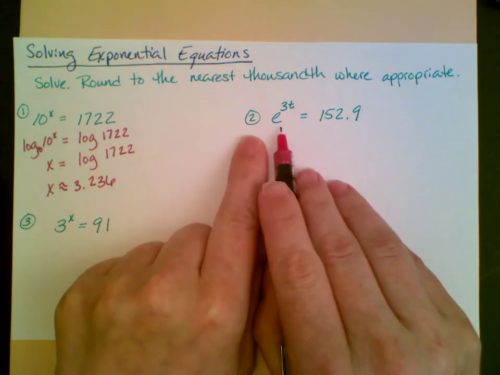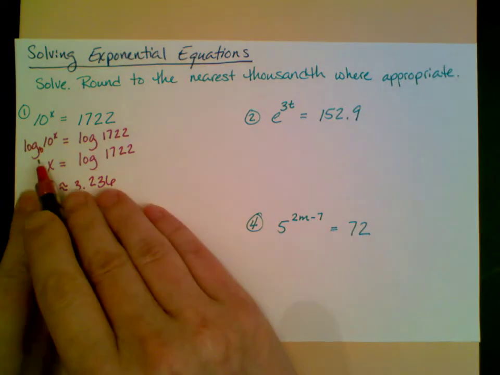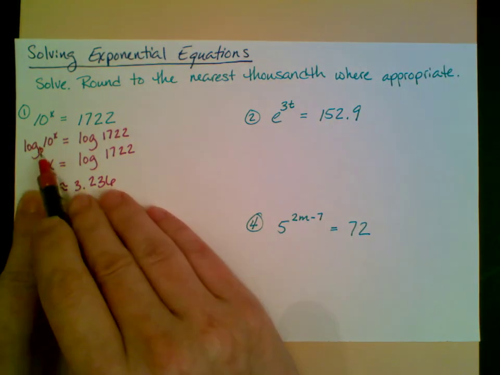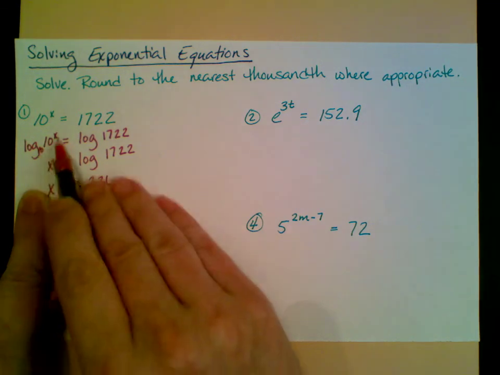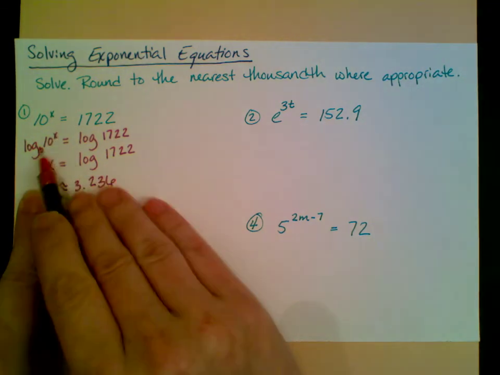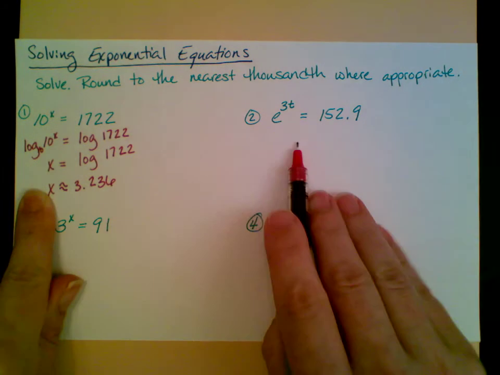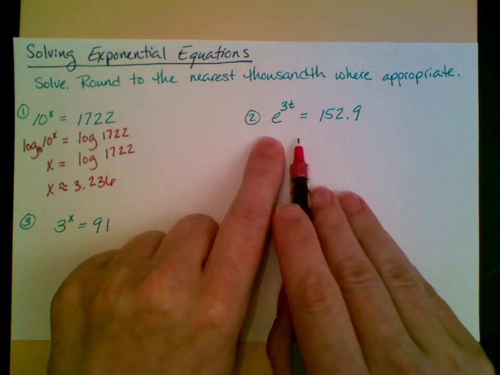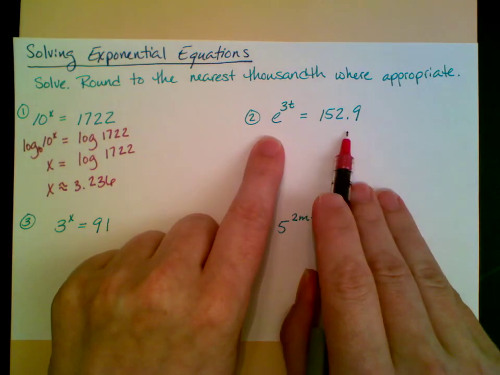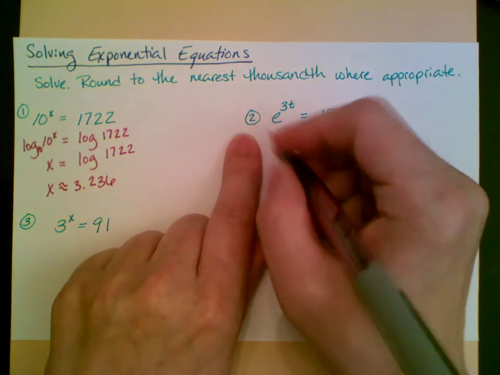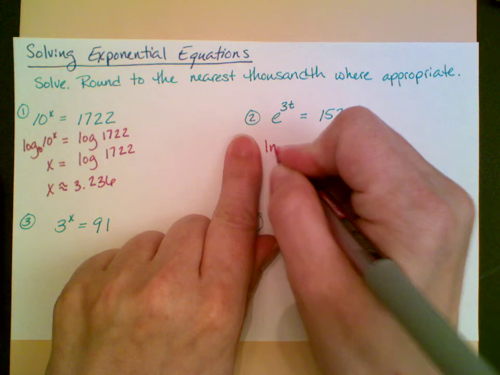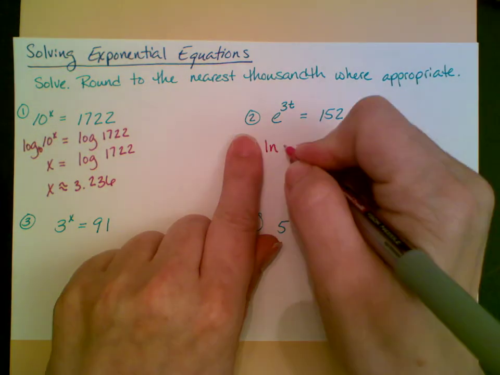So now, notice on this one, I used that property where if the base of the logarithm matches the base of the exponential part, then they can cancel. So I don't want to take log base 10 of this because I won't have that nice canceling property. I'd rather take the natural log.